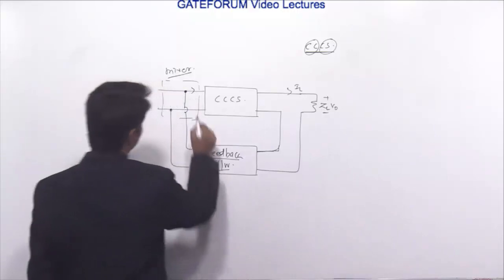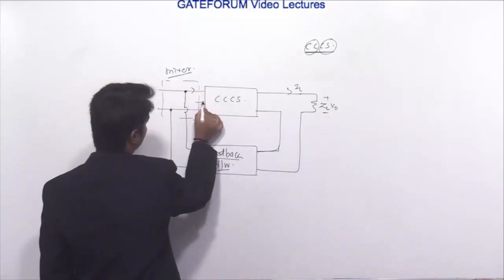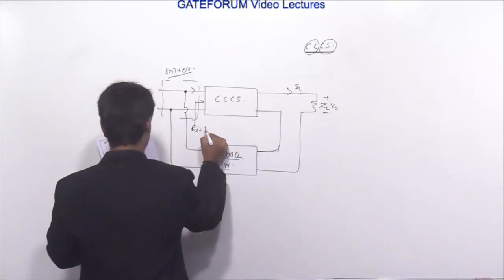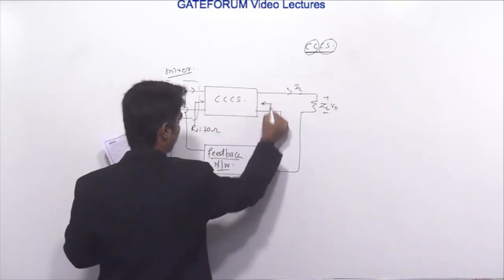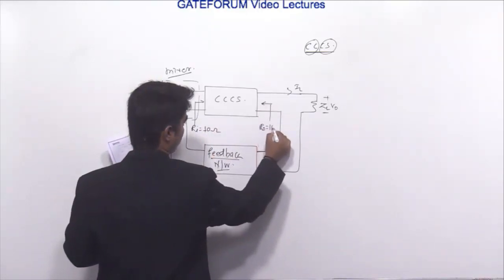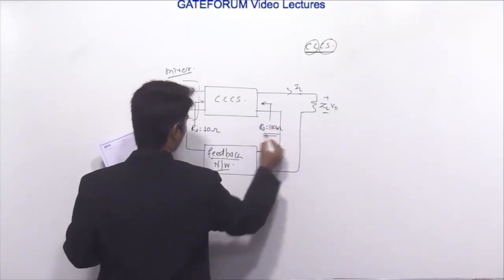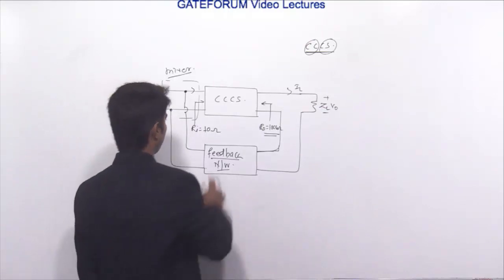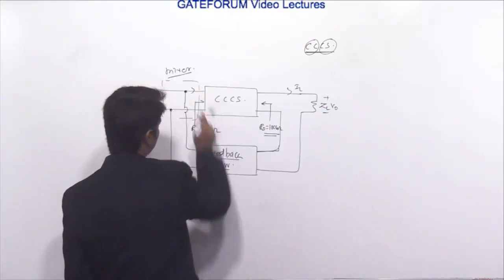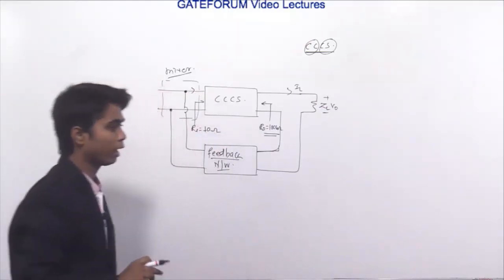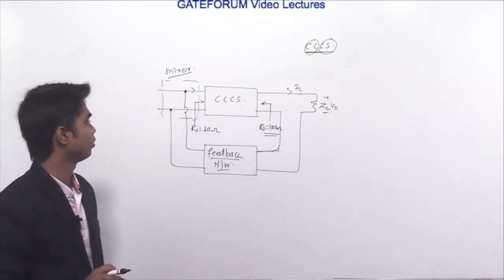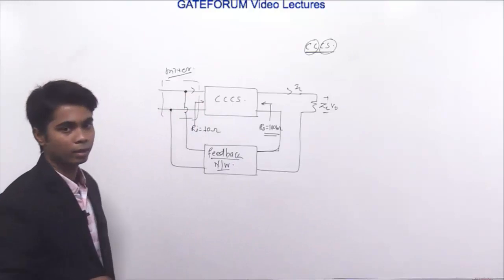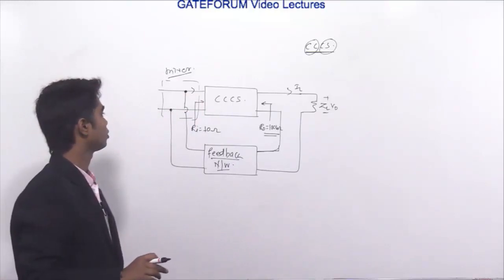It is given that Ri equals 10 ohm and Ro equals 100 kilo ohm. See, at the input there is a shunt mixer, and we know that in a shunt, parallel connection, the net input resistance will decrease.